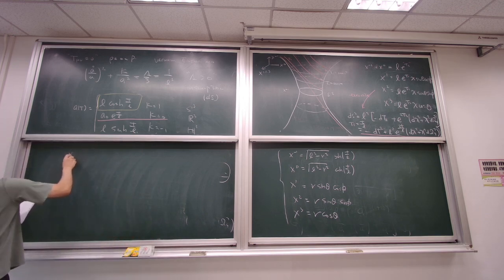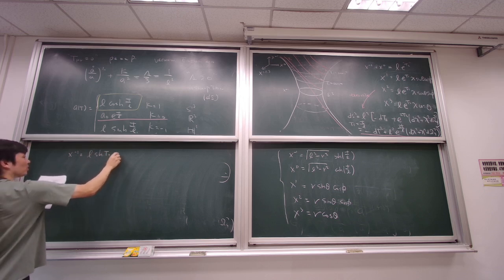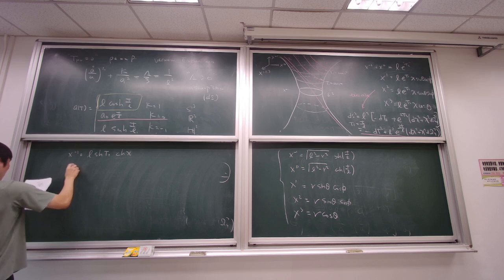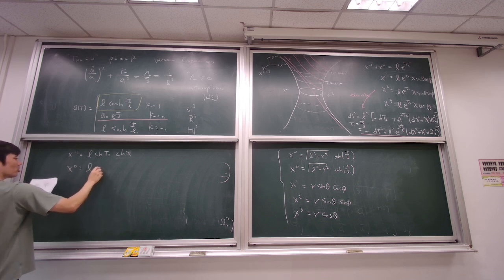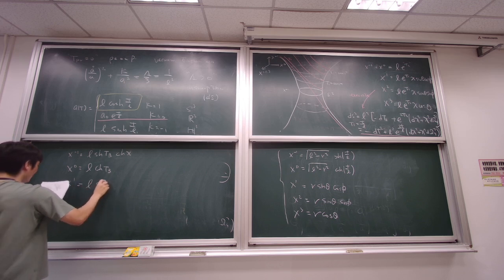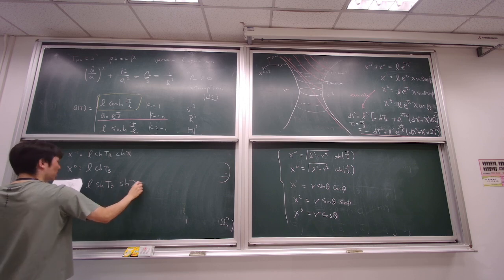So x minus 1 is equal to L sin tau 2 cos chi, and x0 is L cos tau 3, and x1 is equal to L sin tau 3 sin chi.